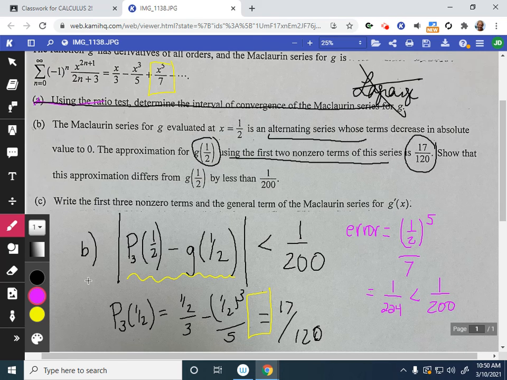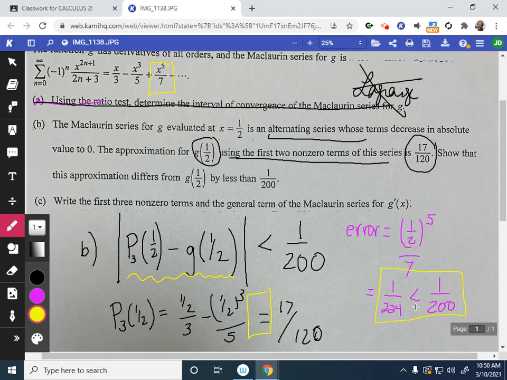What gives me a clue that I'm on the right track is when I get a number for error that looks a lot like the number they want me to compare it to. If they wanted me to compare it to like 1/10, or even 1 over 5,000 or something, it wouldn't really make sense. But to compare it to 1 over 200, oh yeah, well, mine's just a little bit different.